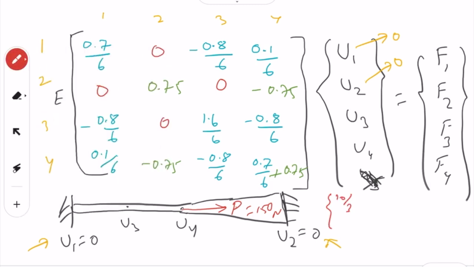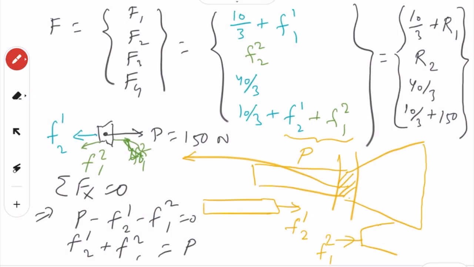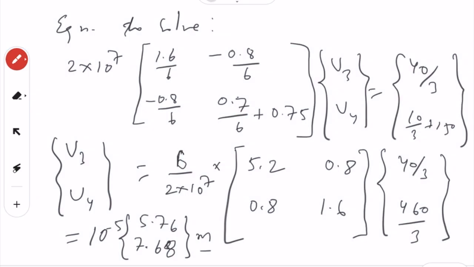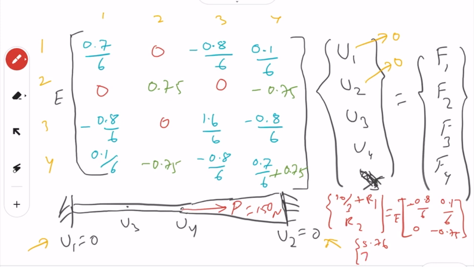We have 10 over 3 plus r1 and r2 equal to e times minus 0.8 over 6, 0.1 over 6, 0, minus 0.75, and then we have to multiply it by u3, so 5.76, and then we have the u4 value, so u4 is 7.68, and this is 10 to the power minus 5.